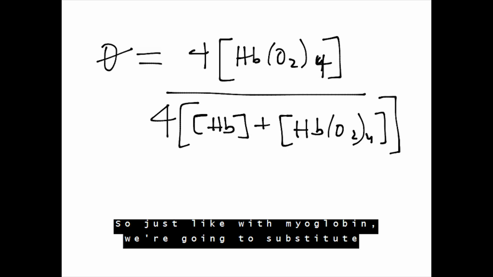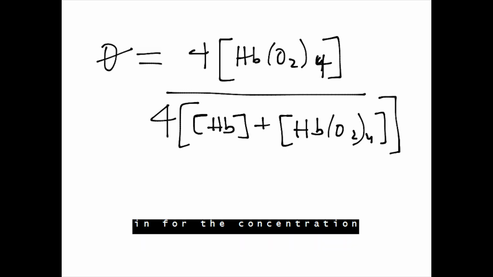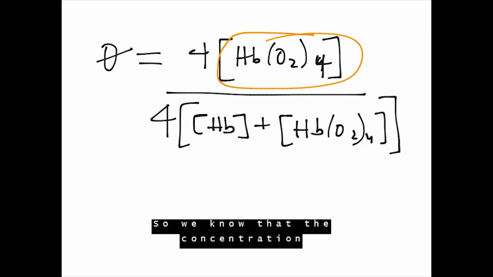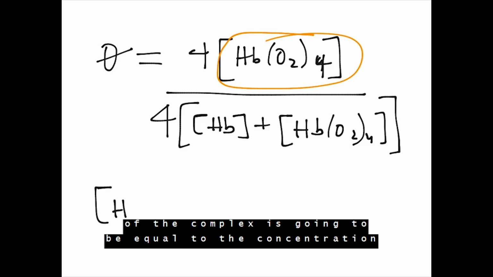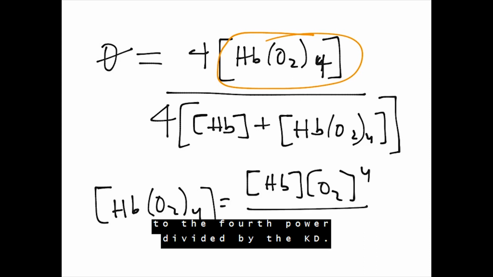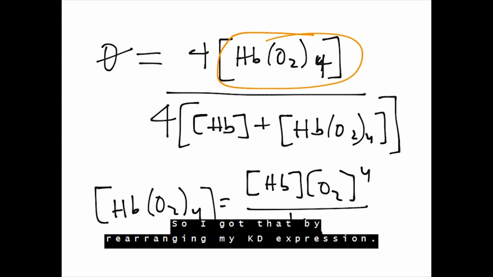So just like with myoglobin, we're going to substitute in for the concentration of the complex using our expression for the KD value. So we know that the concentration of the complex is going to be equal to the concentration of hemoglobin times the concentration of oxygen to the 4th power divided by the KD. So I got that by rearranging my KD expression.